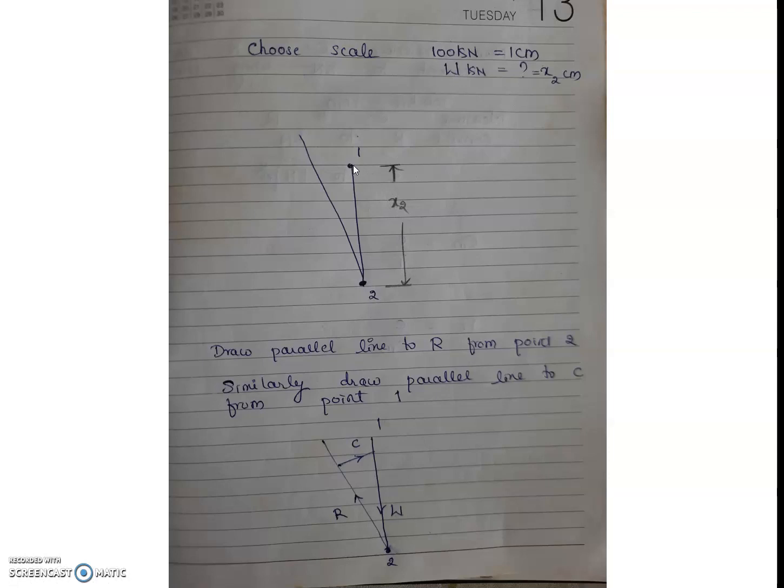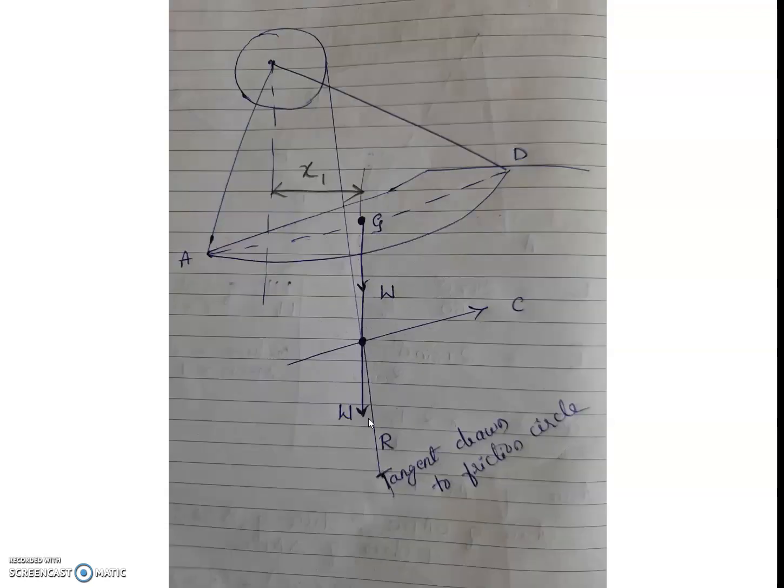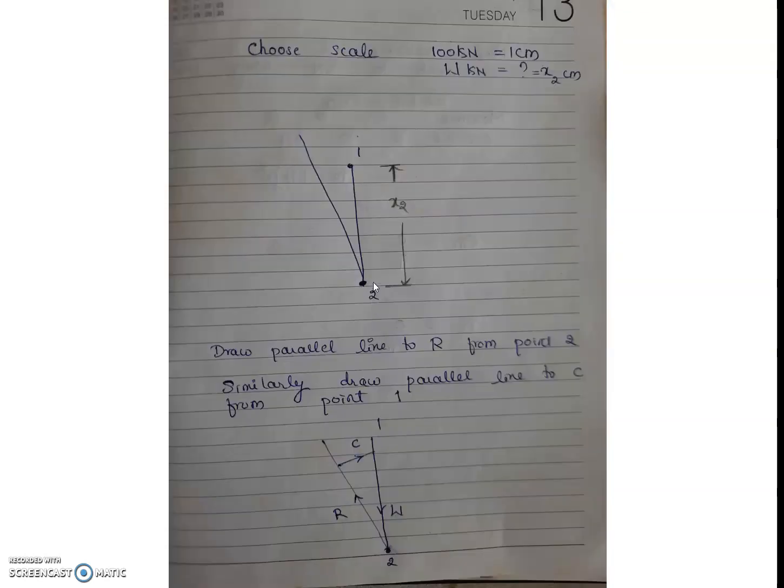So now mark points 1 and 2 at distance x2. Then later on, with the help of the roller scale, draw a parallel line to R from point 2.